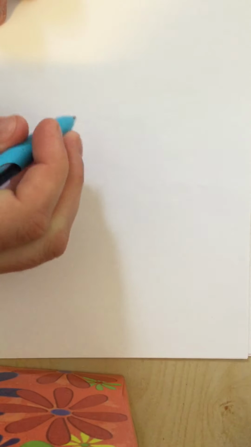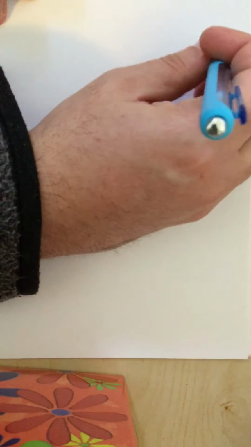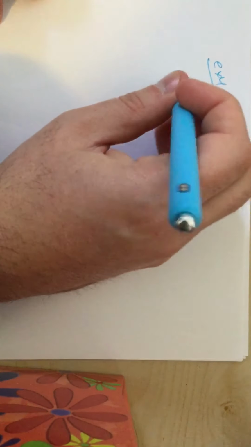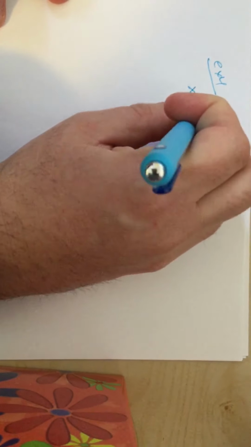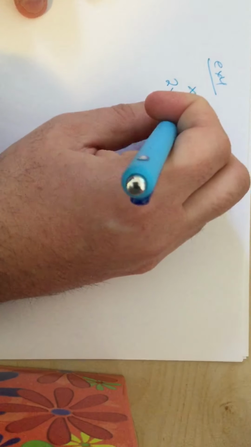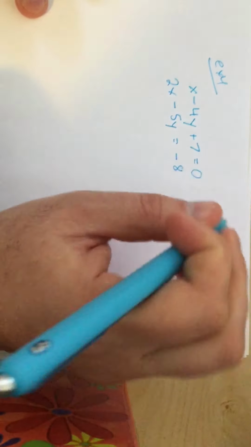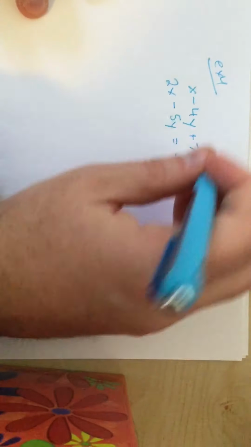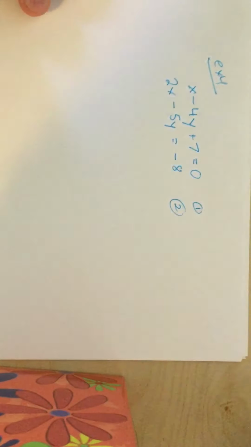Which example should I do now? Okay, so example 4. x minus 4y plus 7 equals 0. 2x minus 5y equals negative 8. 1, 2.